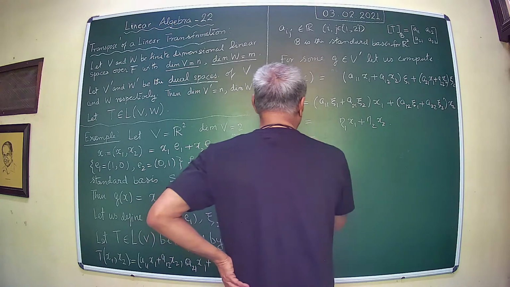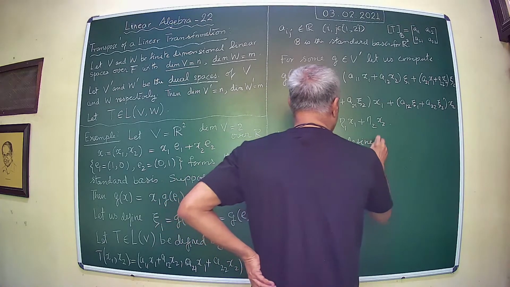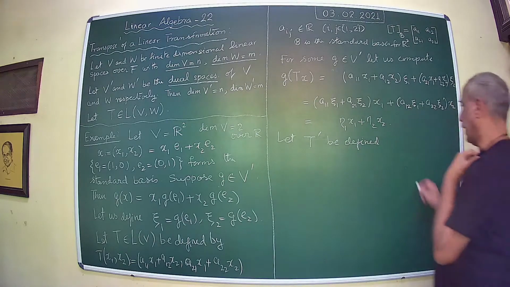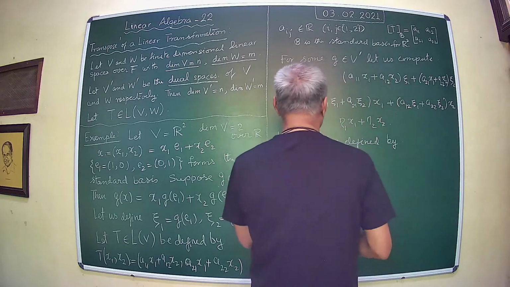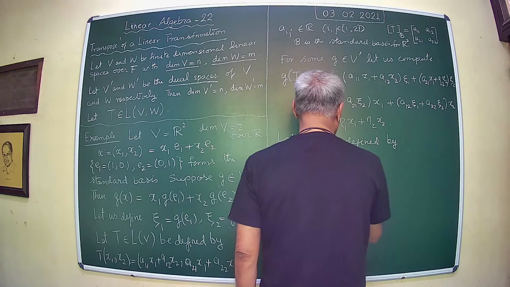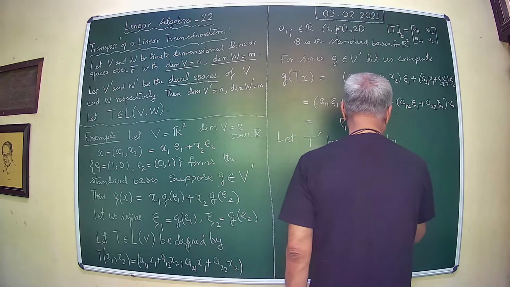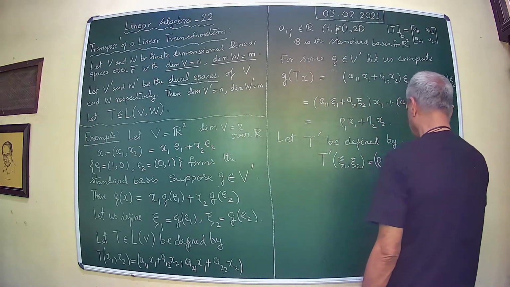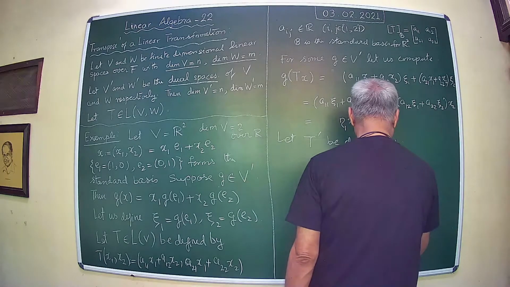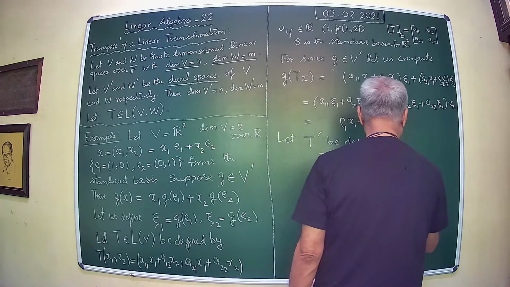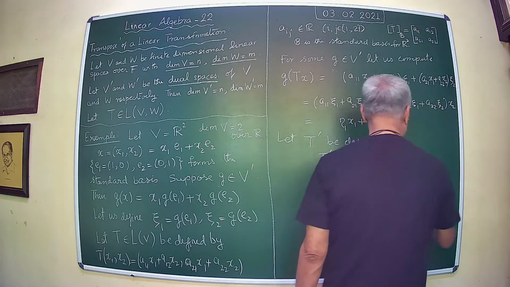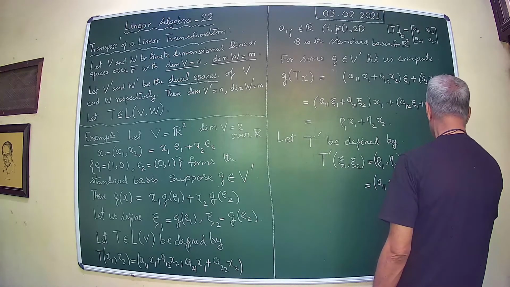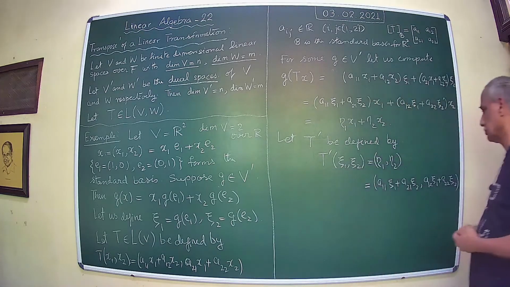Let T prime be defined by T prime of (psi 1, psi 2) equal to (eta 1, eta 2).